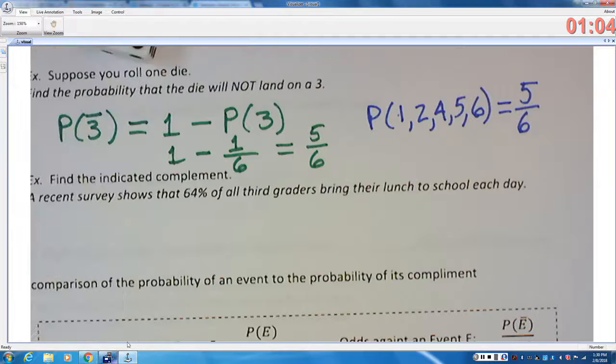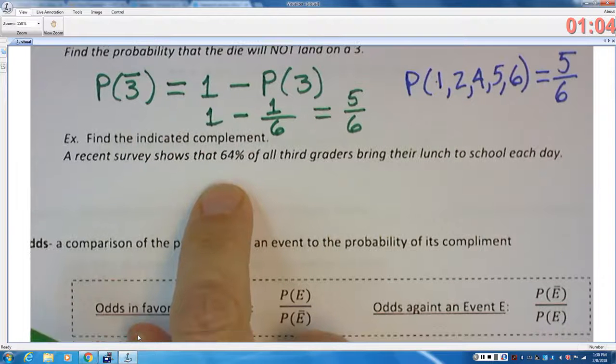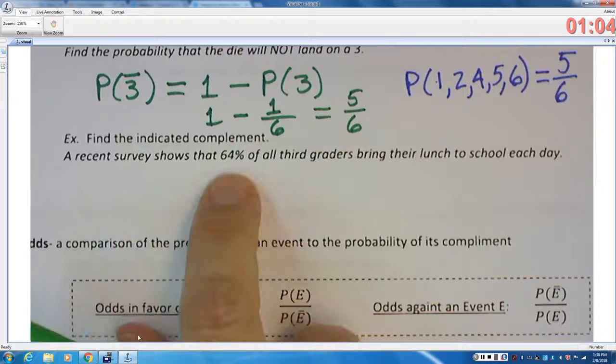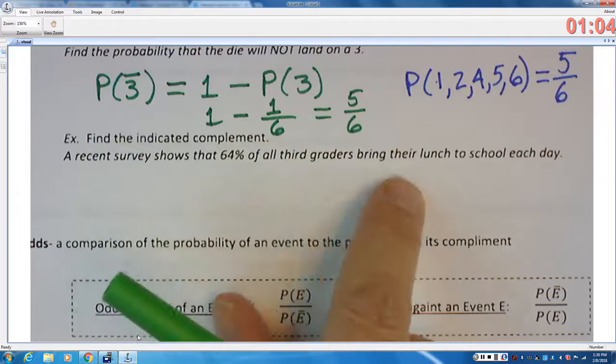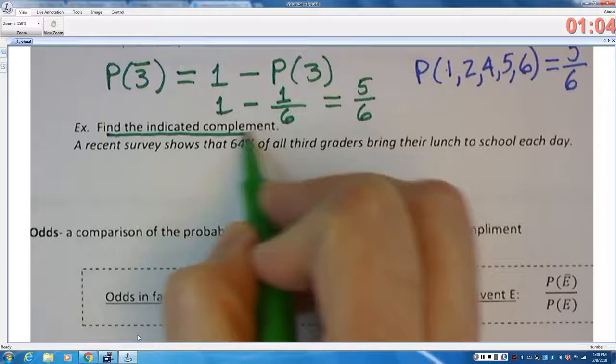Then the last example here is find the indicated complement. Sometimes we can't add up the sample space. We're going to just use this recent survey result. Says that 64% of all third graders bring their lunch to school each day. So, Family Feud survey says. All right, so find the complement of this.